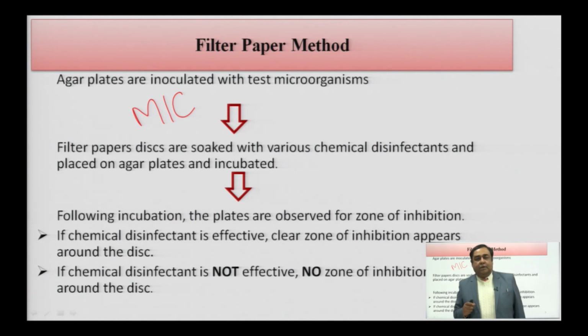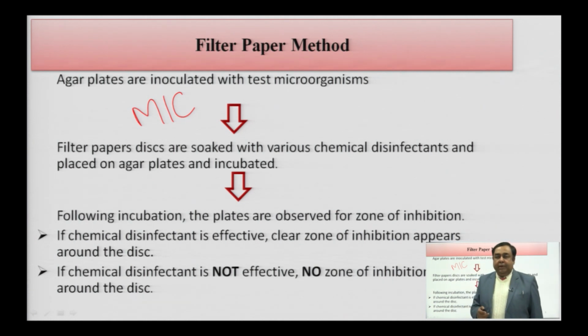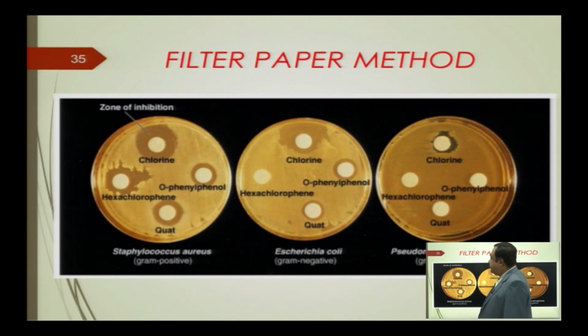That is the minimum concentration at which the compound is active in preventing the growth of the microorganism. Therefore, by observing whether there is a zone of inhibition or not, we will be in a position to tell whether the compound has any antimicrobial property or not.